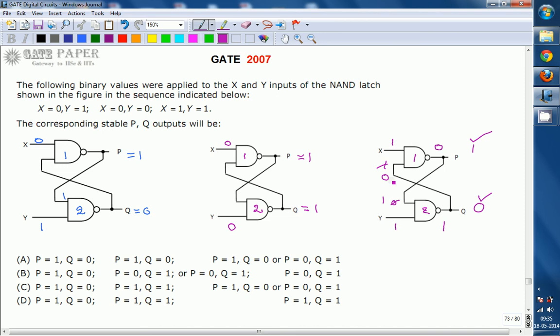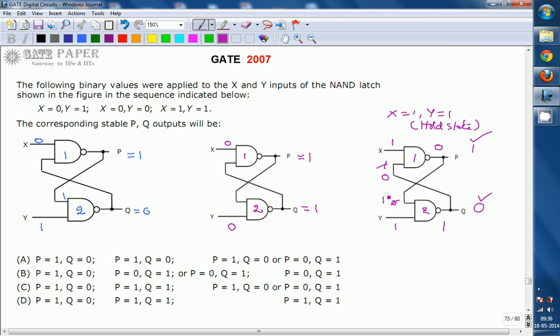If PQ is 0 1, it remains in the same state whenever XY is equal to 1 1, and if PQ is equal to 1 0, it remains in the same state if X is equal to 1 and Y is equal to 1. So X is equal to 1, Y is equal to 1 is what we call the hold state, that is, the values present at the output will be held forever.